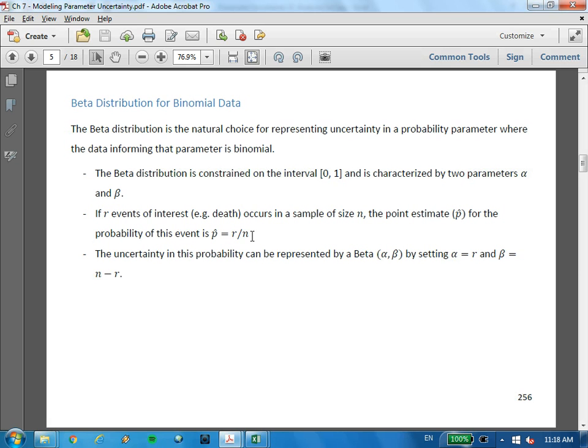Imagine that I have run this experiment. I had a number of patients, and for example, M1, M2, M3 ended up in this category or in this state.